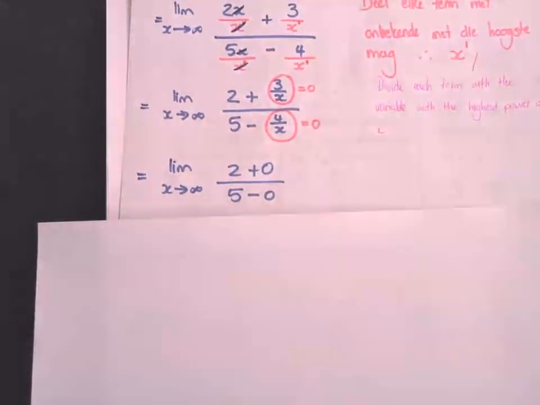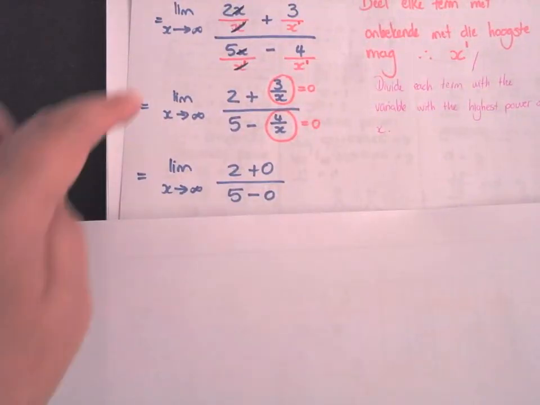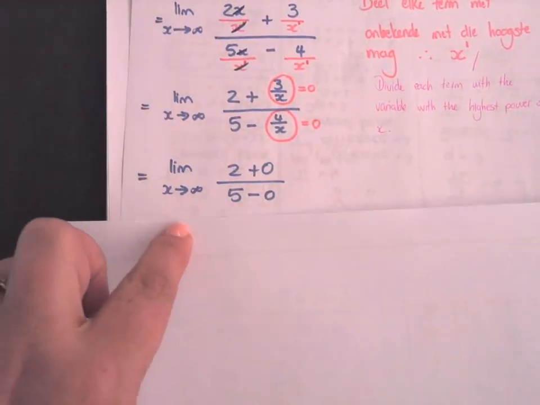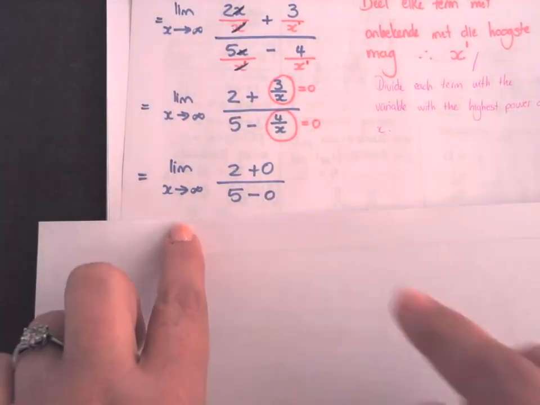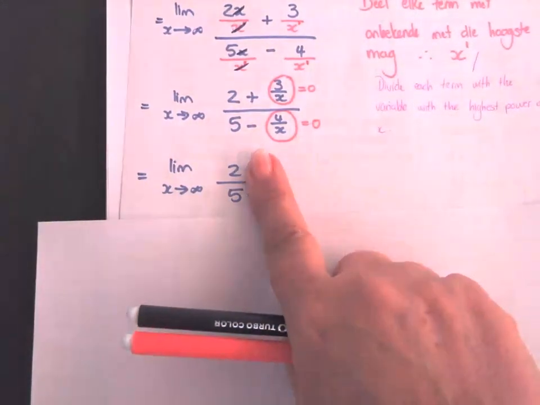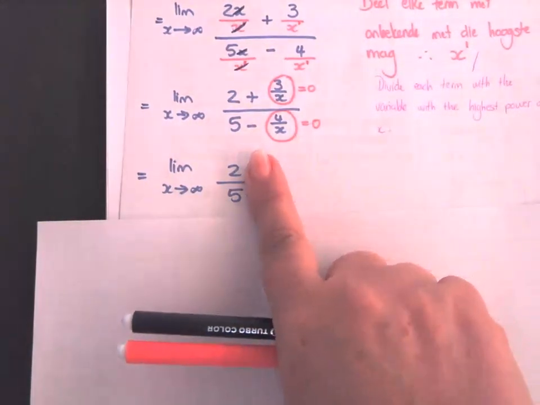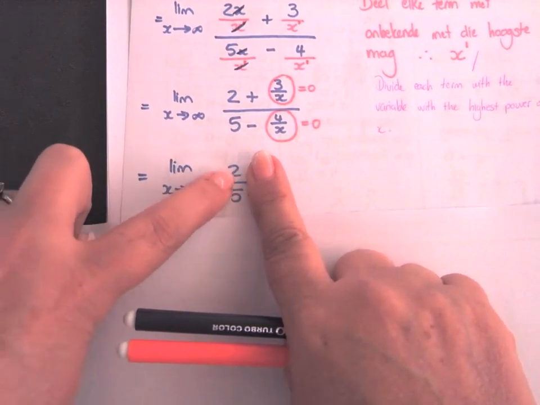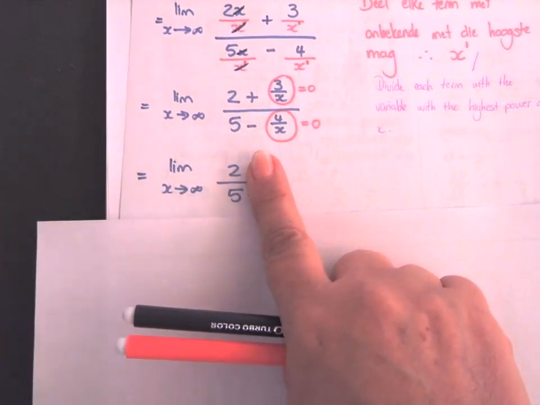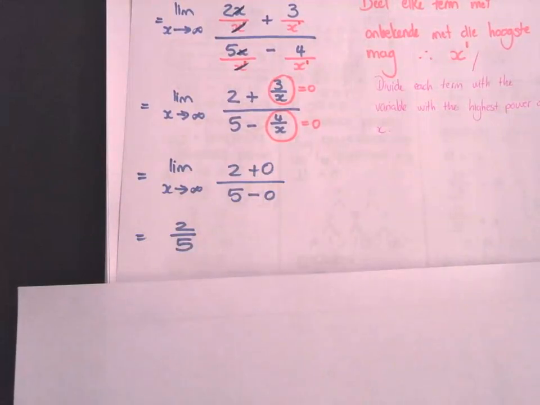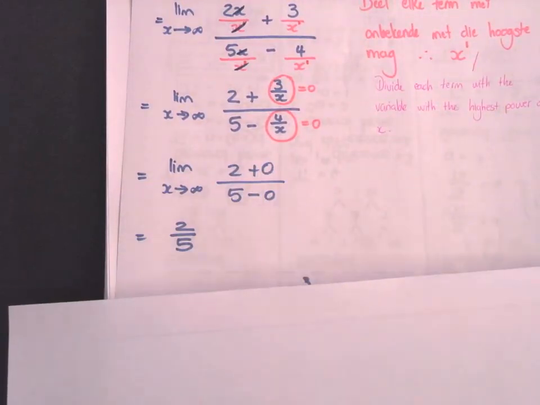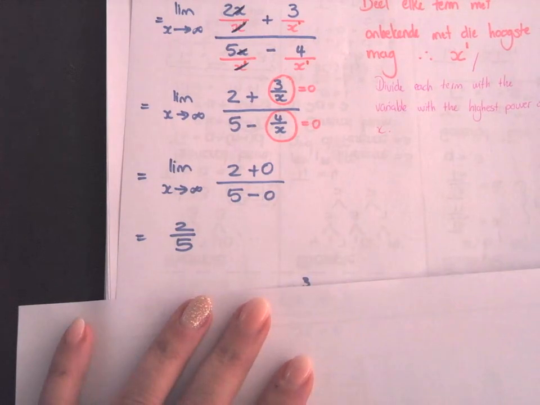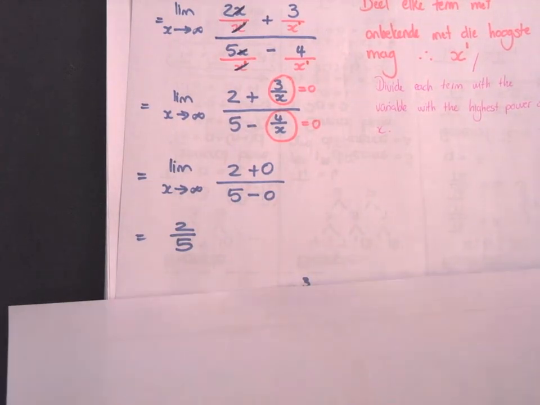I haven't substituted anything yet, so my notation stays there. Now if you work it out, you'll get 2 over 5 with x tending to infinity. There is no x, so my answer will be 2 over 5. Why the frown? Are you with me? Good.